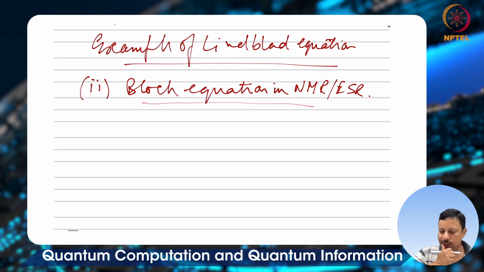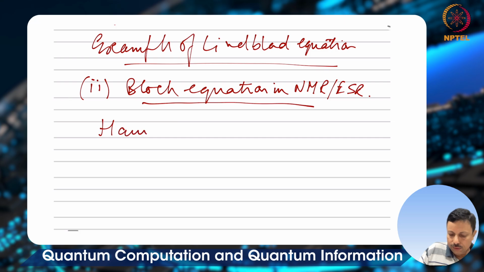So we saw in the last example that we did spin lattice relaxation, where we observed the relaxation decays from spin 1 to spin 0. And today we are doing the NMR ESR kind of example.